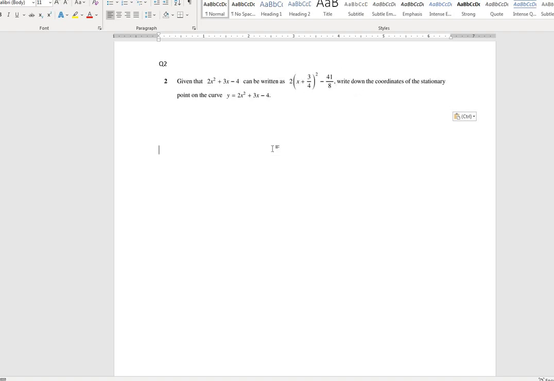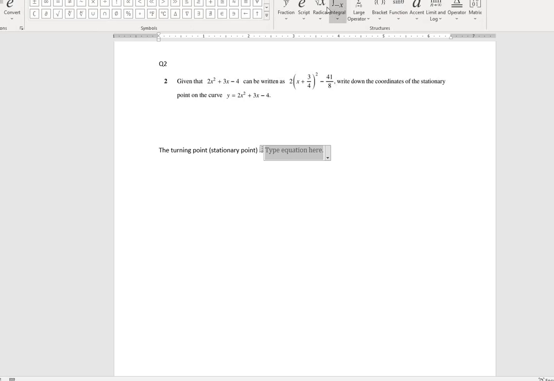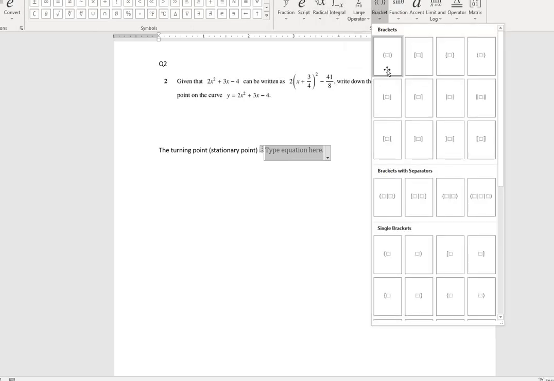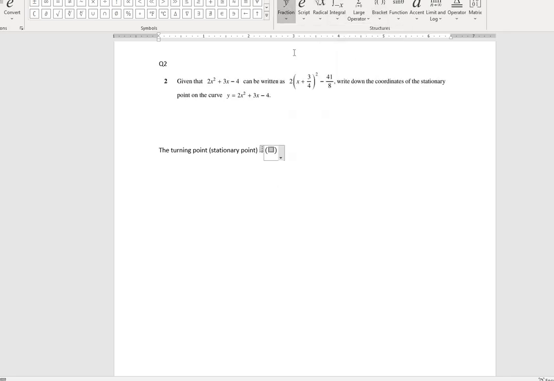So the turning point, which is also known as the stationary point, is negative 3 over 4 for x, and for y you can straight get the coordinate negative 41 over 8.